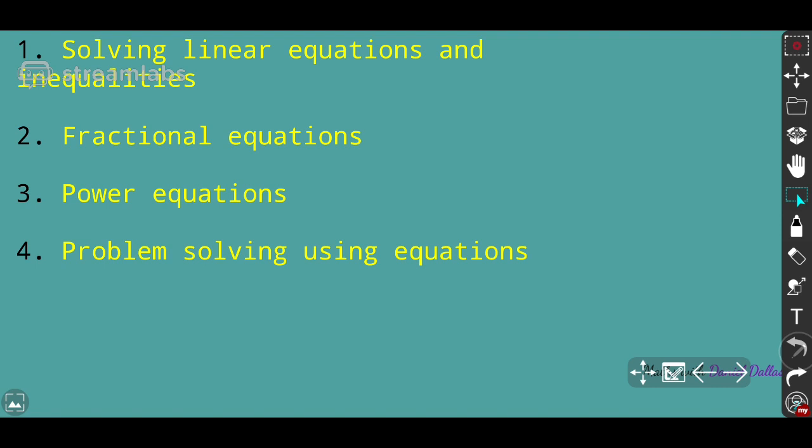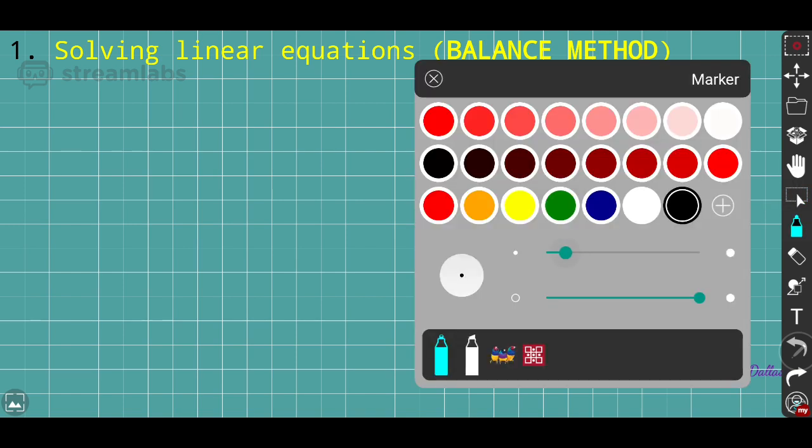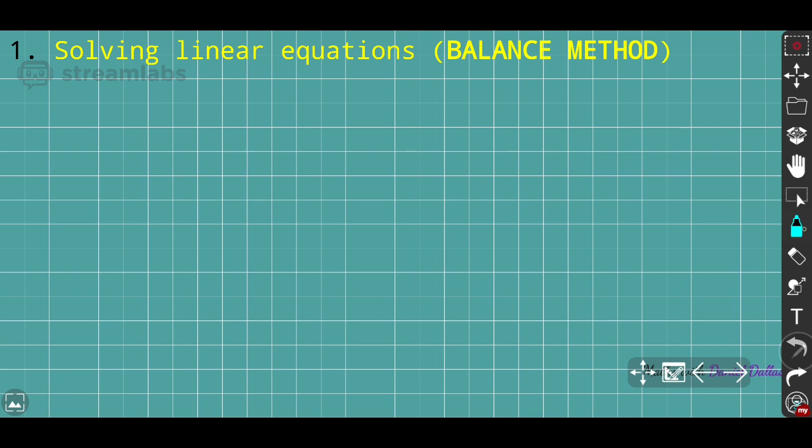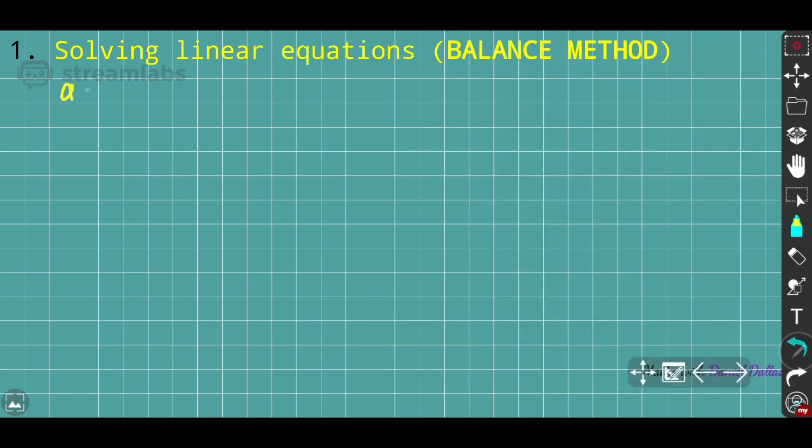So, solving linear equations and inequalities. What it means is that for linear equations, we need to set up the equation itself. I would set it up in linear form: ax plus b equals c. That's the typical one.